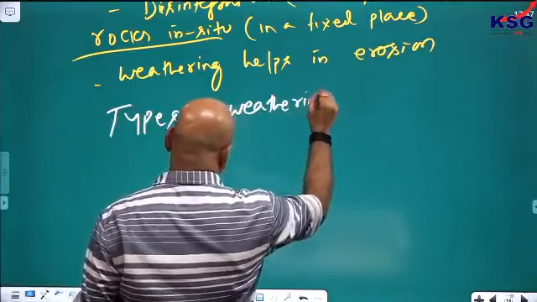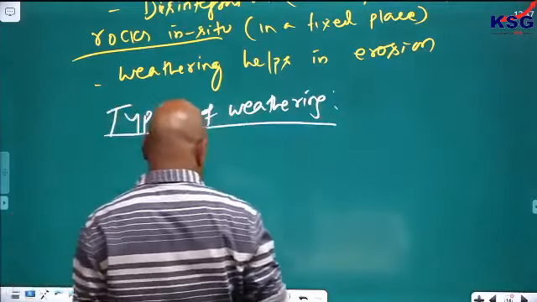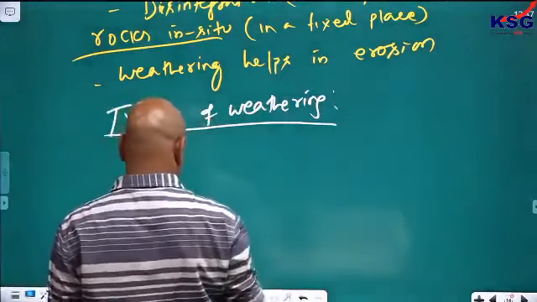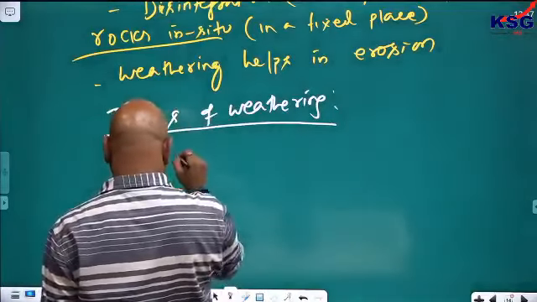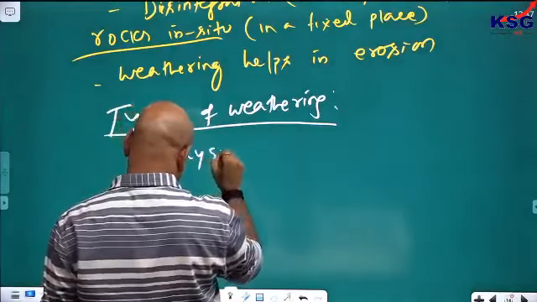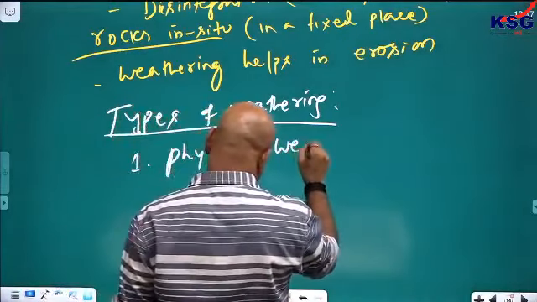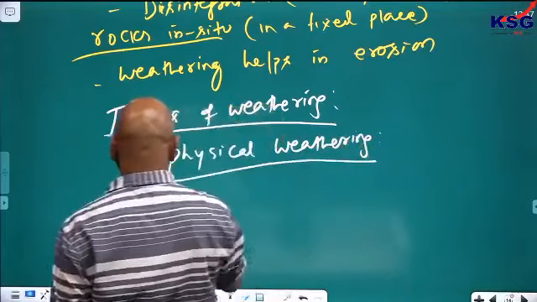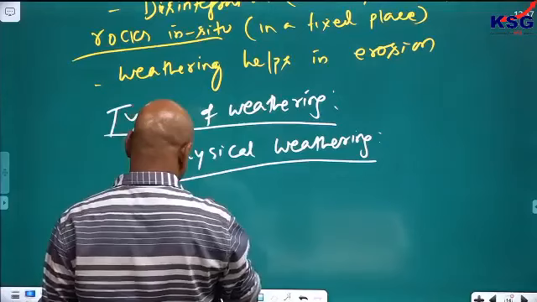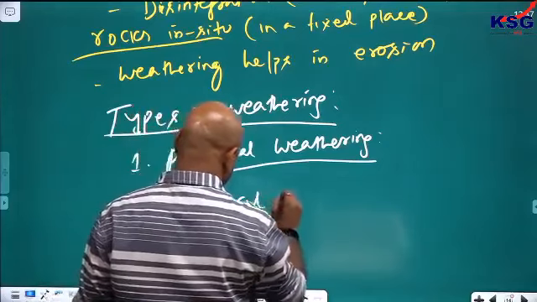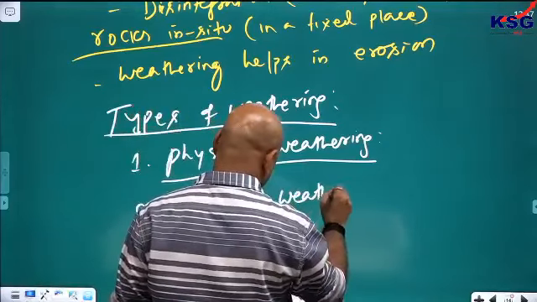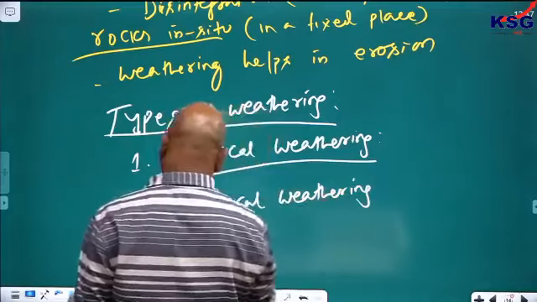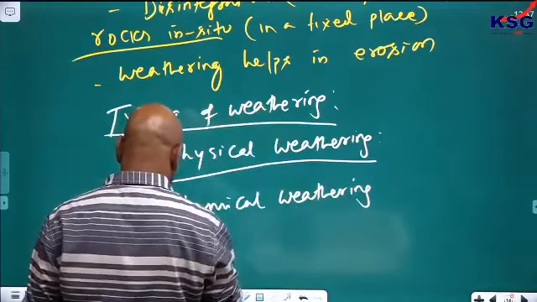How many types of weathering do you have? We have three types of weathering in general. Physical weathering, then we have chemical weathering, and the third one is biological weathering.